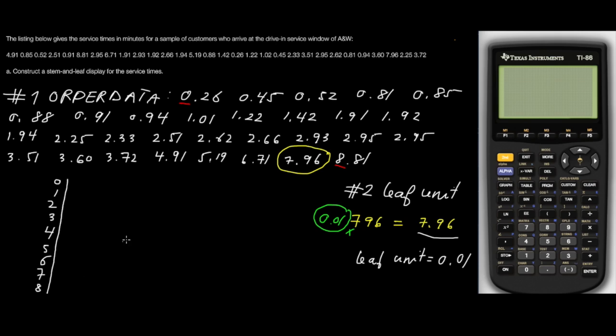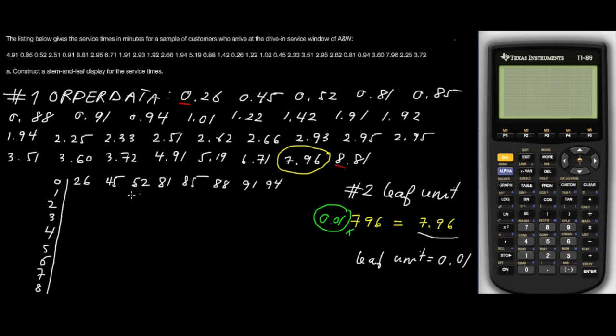So let's go ahead and build the stem and leaf in order. Here we would have 26, 45, 52, 81, and 85, 88, 91, and 94.